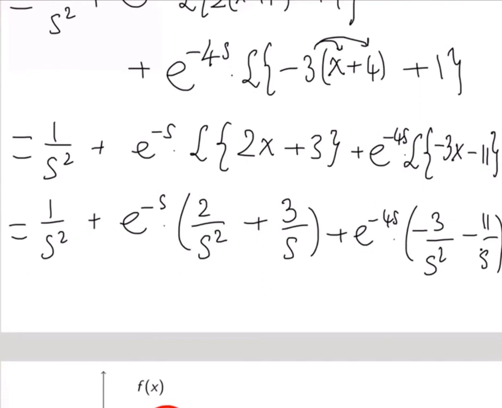So we have obtained the answer, the Laplace transform of the piecewise defined function. Now you don't need to simplify more, you can leave it like this.